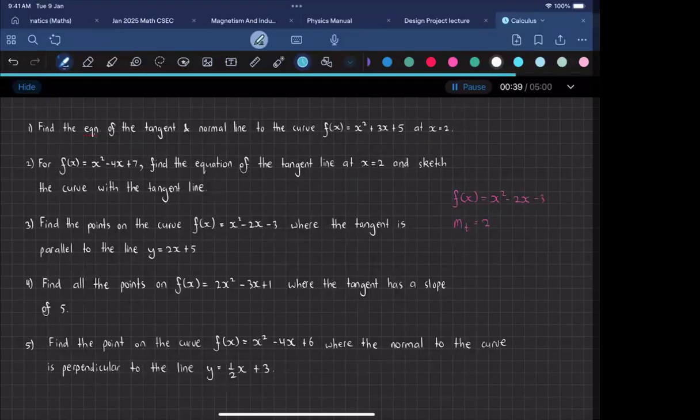Yeah. So you put the gradient equal to the derivative when you differentiate, and you find for x. Correct. That's it. And once you find x, you can find y.